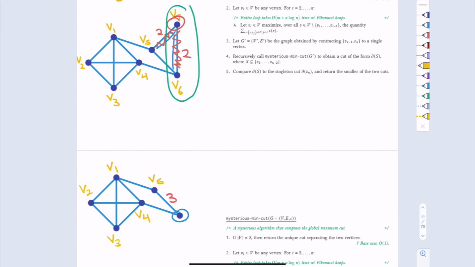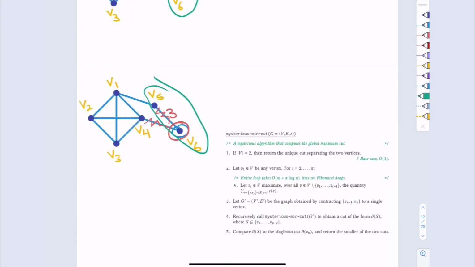V5, V6. So then now the algorithm looks again at the singleton cut induced by the last vertex in our numbering. So that's a cut of weight 4 again. And it's going to contract these 2.